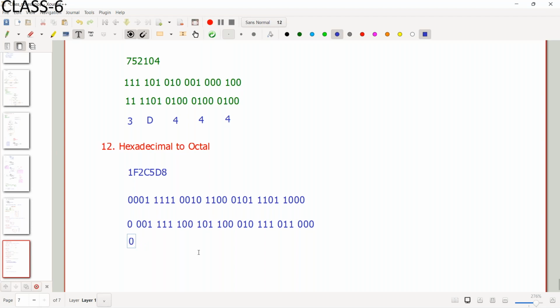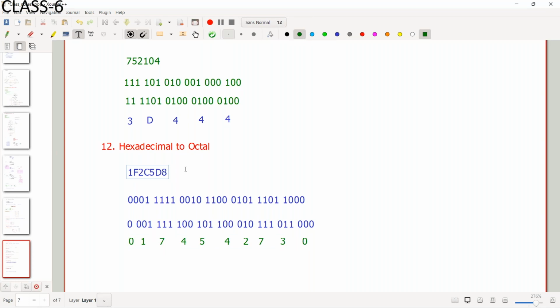Okay, I'll write it like this: 0, 1, 7, 4, 5, 4, 2, 7, 3, 0. So that is the octal number equivalent to this hexadecimal number.